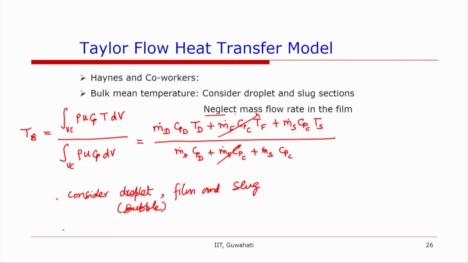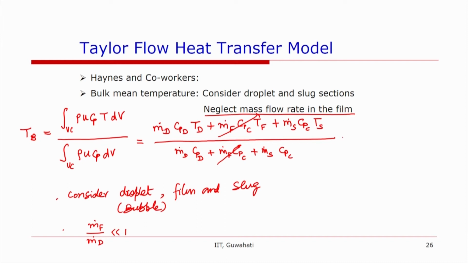So, we can neglect the flow rate in the film. We are neglecting the mass flow rate in the film. That means we say that m dot film is small compared to m dot D or m dot slug.